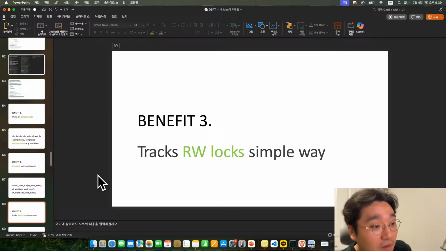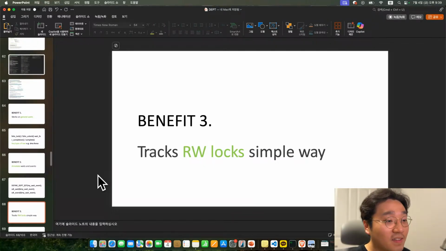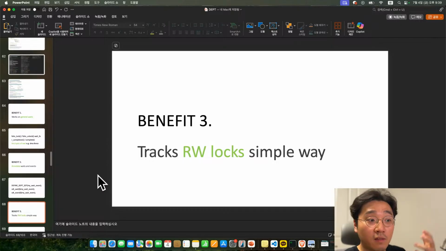This is another point that benefits from the redefinition by DEPT.